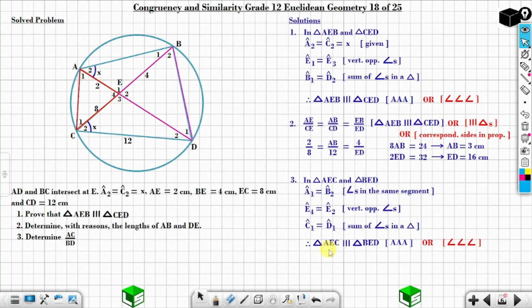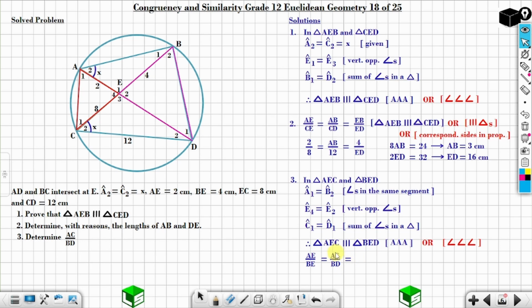So you have AE over BE, first and second in this triangle over first and second in another triangle. This is equal to first and third in this triangle over first and third in the other, AC over BD.